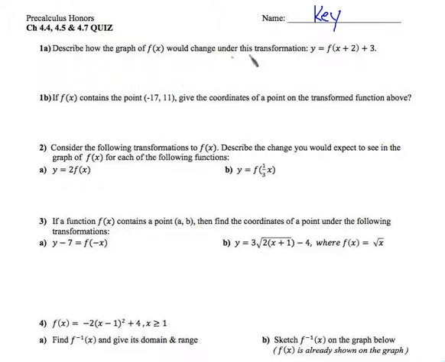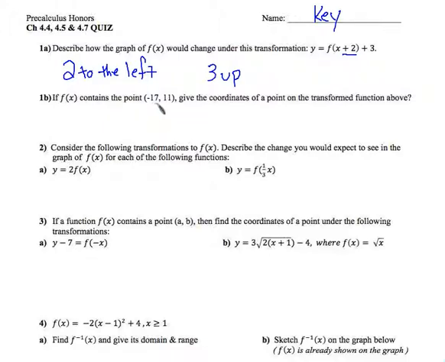So problem 1a, with this function, when you add 2 on the inside of the function, what that does is it ends up shifting your function 2 to the left. And then when you add the 3 on the outside of the f of, it's going to end up shifting your function 3 up.